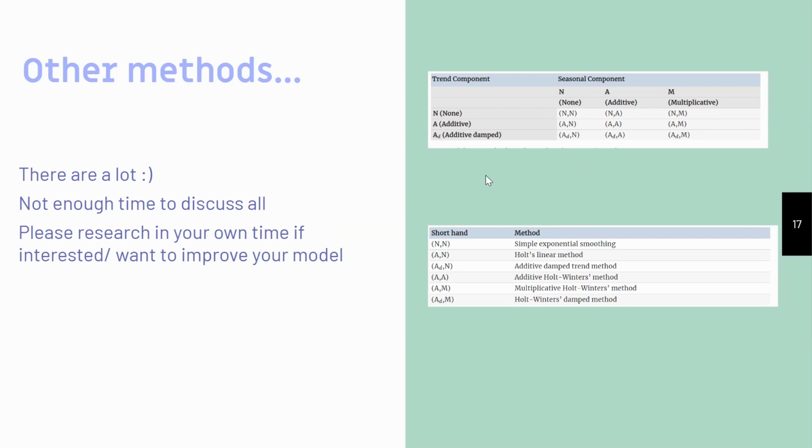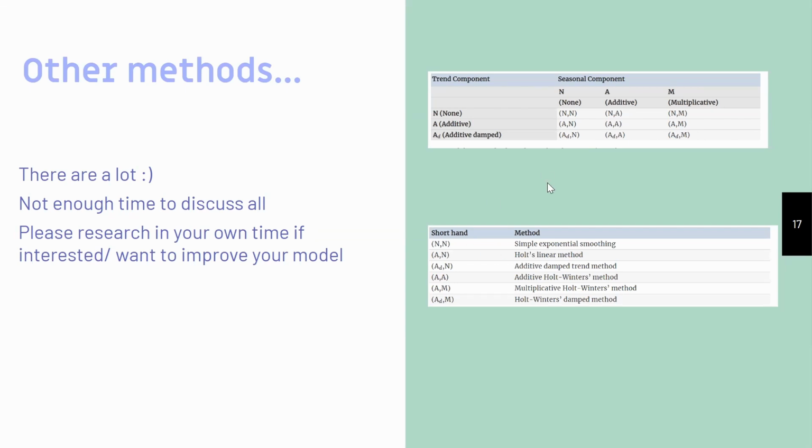I just wanted you guys to know that they do exist, but most of the time when you're forecasting in R, you can set it on auto select, so it will automatically select the quote unquote best one for you. For people that are a little bit more advanced and understand this a little bit better, I would say it's not always the best thing to do, because auto select is sometimes wrong because it prioritizes things that you as a person would not prioritize.